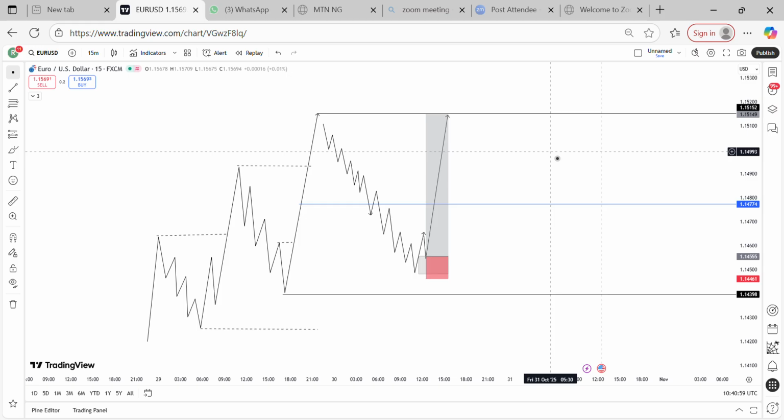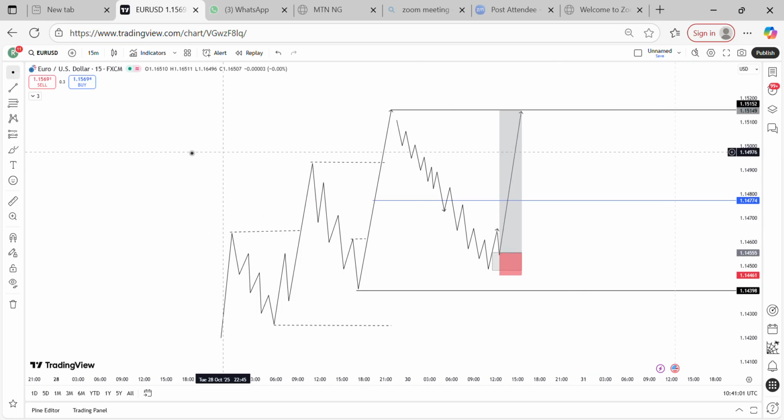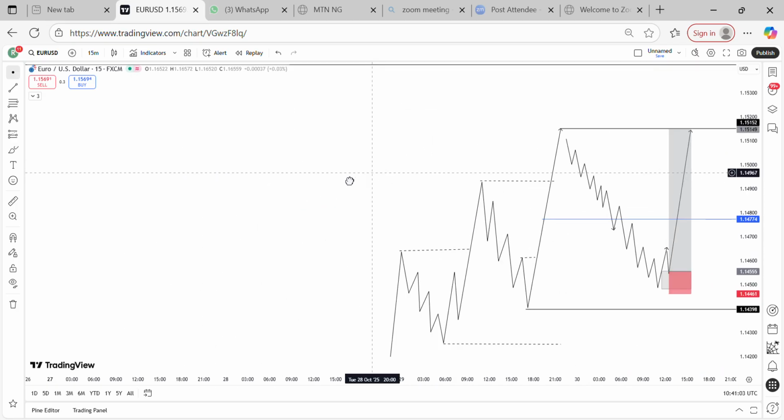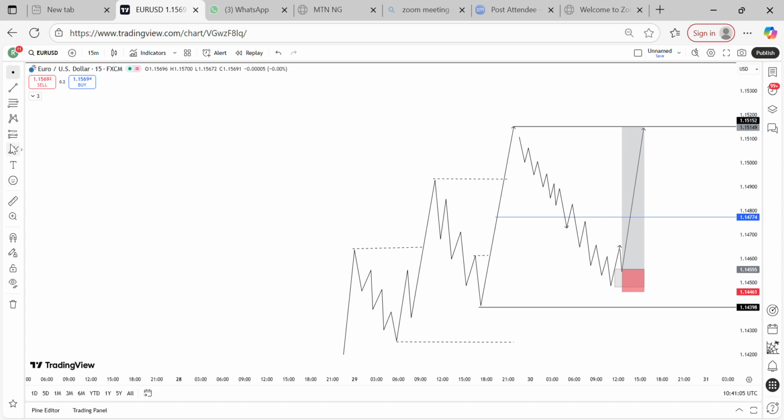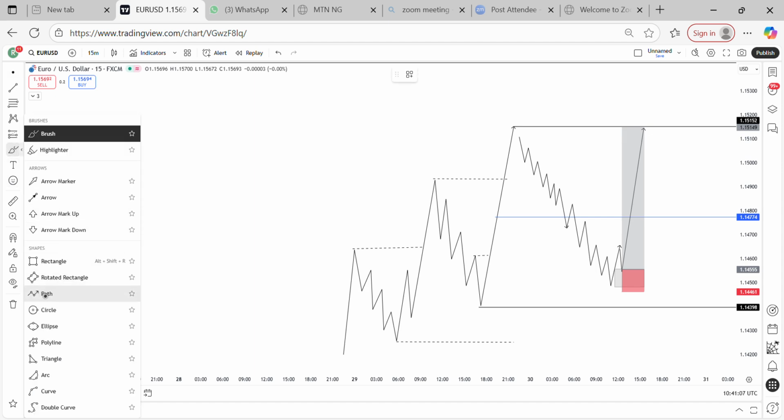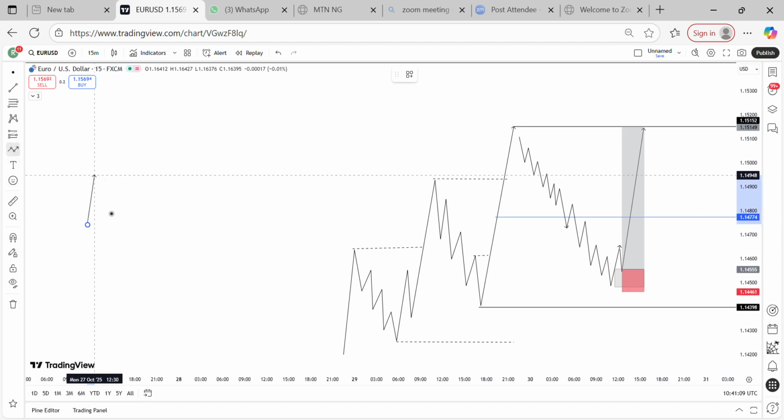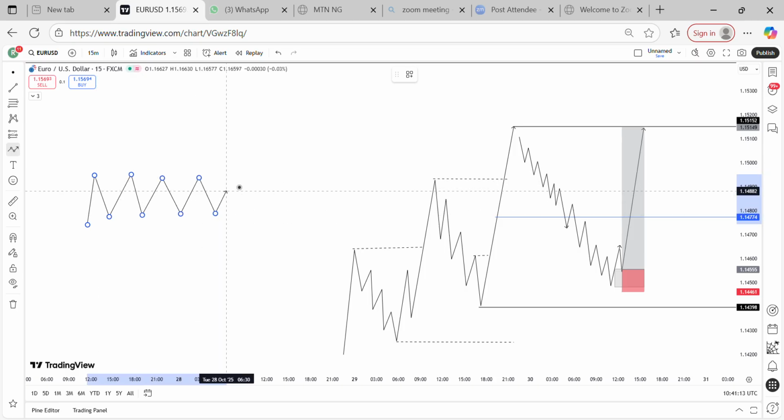And in the real chart, consolidation is something like this. The buyers are buying from the bottom while the sellers are selling from the top, right?